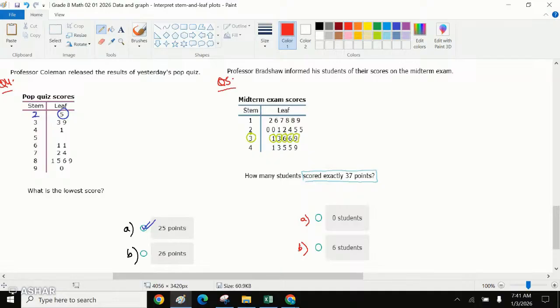But if it's an MCQ, then you need to tell exactly which option is correct for us, right? So which option should be correct? Yes, thank you so much. That means option A is the correct option for us because it says 0 students.